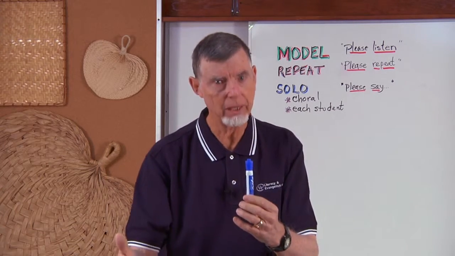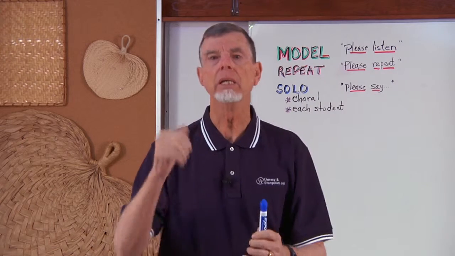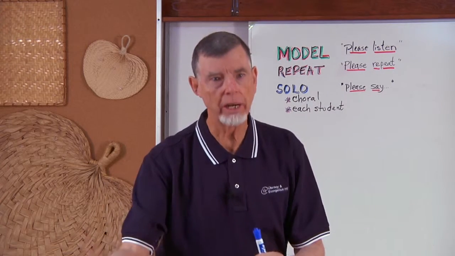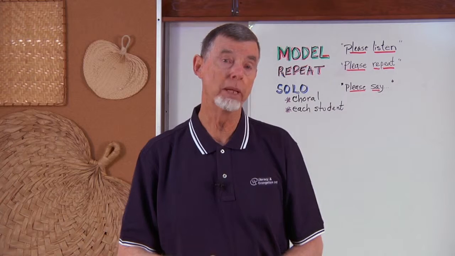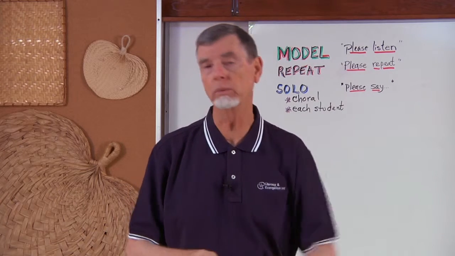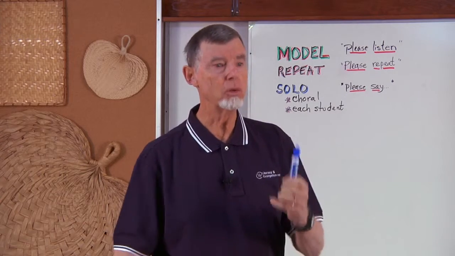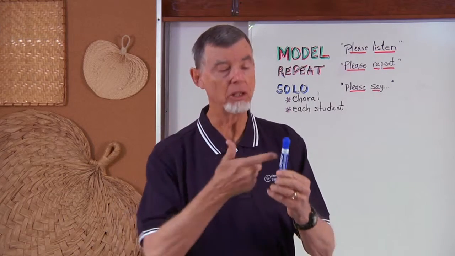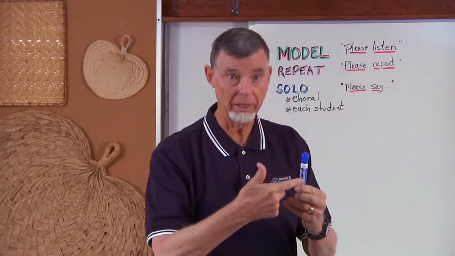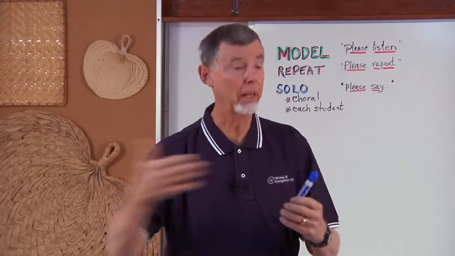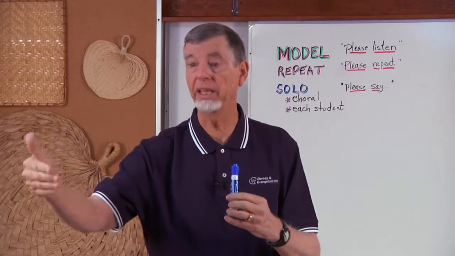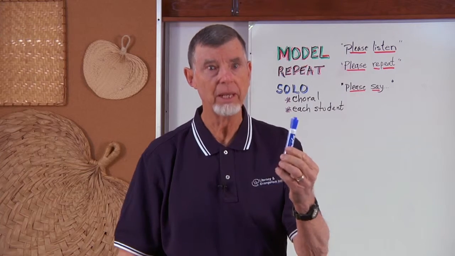Is a pen, is a book, is a box, is a chair, whatever the object you may have. Is a man, is a woman. All right. Now once you do that, you say, please listen, and you include is a pen, is a box, is a pen. Make sure that each of your students can say, is a pen.